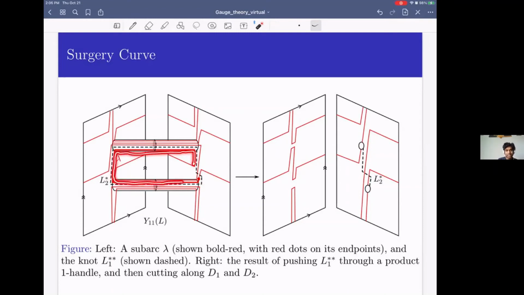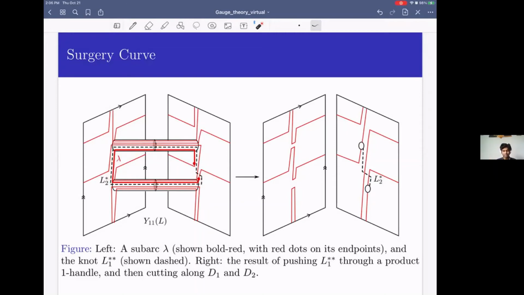So every time you have this, you can attach a contact one handle exactly on these two red points and bypass this portion of the attaching circle into the core of the one handle. So on the right picture, we are attaching two contact one handles at these 2 points, and bypassing this portion of the arc into the core of the contact one handle.